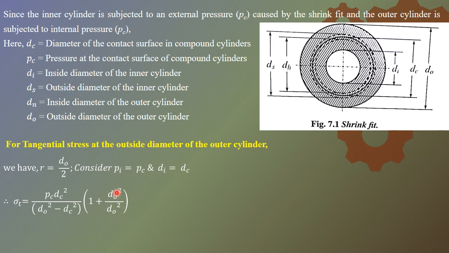You can see d naught will get cancelled, so 1 plus 1 will be 2, so you have to multiply 2 here, right? So this is the final tangential stress equation for the outside diameter of the outer cylinder, and you can get this equation in the data handbook as 7.16b.